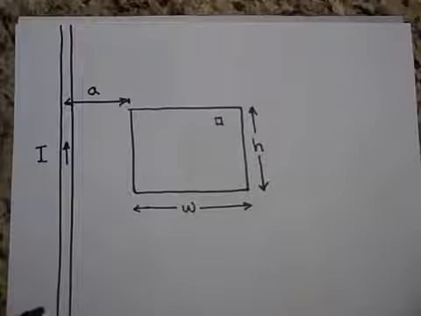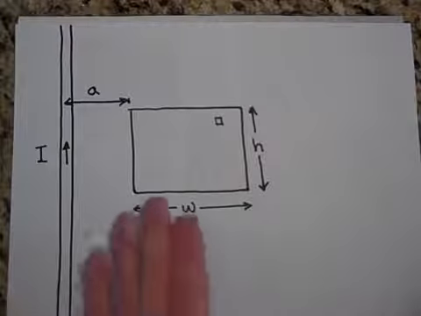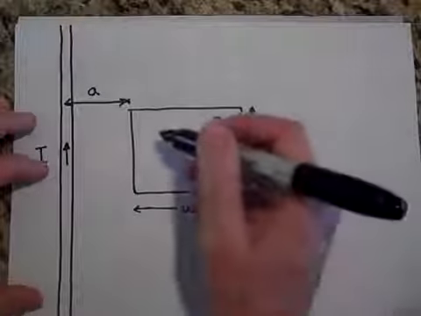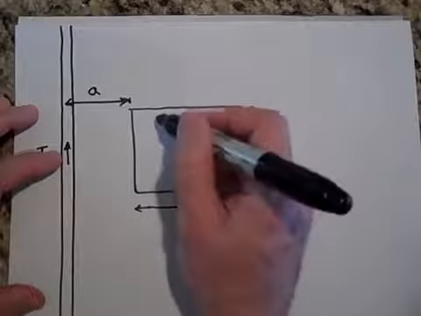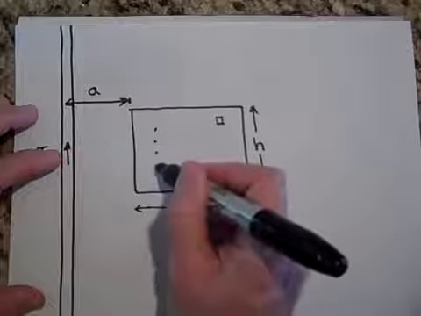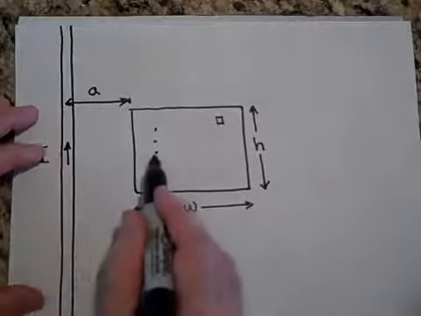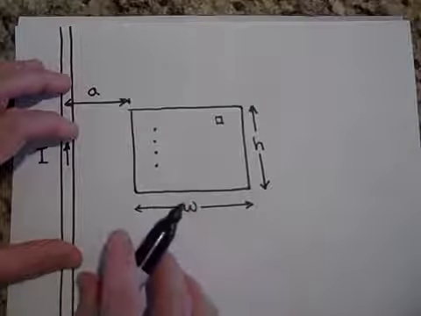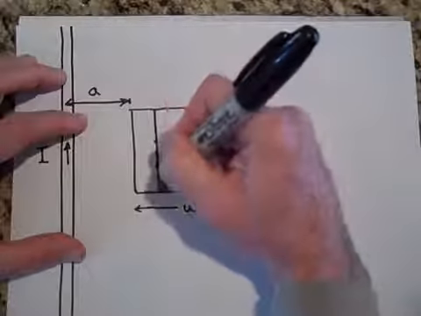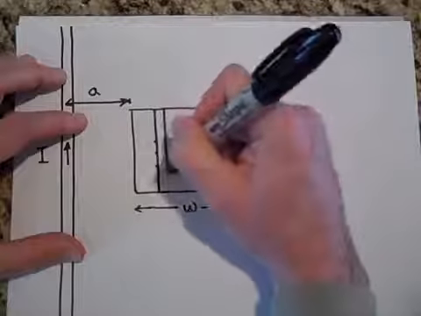But I can't pull the B out of the integral because the B is different at every part along the way. What I am going to take advantage of is the fact that the B is not any stronger or weaker for these points here. All these points have the same B because they're all the same distance from the wire. And so I am going to put a strip down here, and I'm going to have this strip be really thin.